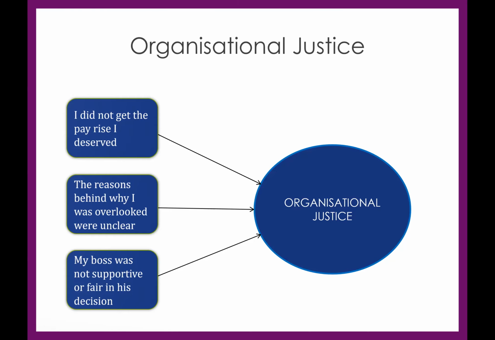So they have the question in their mind: the reasons why I was overlooked were unclear. That concerns the procedures used to allocate the resources. And lastly, they feel that the interpersonal justice level is low because they perceive that their boss was not supportive or fair in his decision making.